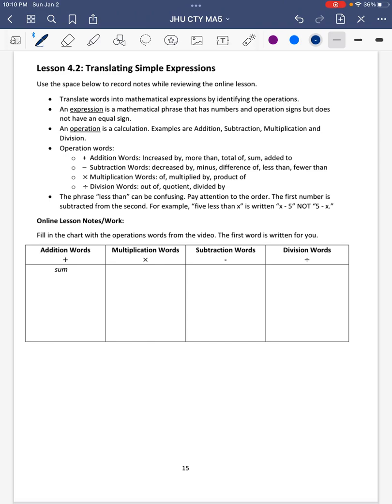So if I was saying add, you might see some or more than. Okay, or total. Again, you need to watch the video to get some of these. You can also write down the ones I'm writing down. They may also appear in the video, but these are just some things that come from the top of your head. Multiplication words, things that mean to multiply. Of course, if you saw multiply, well, that's a dead giveaway.